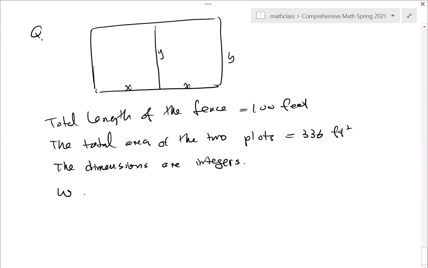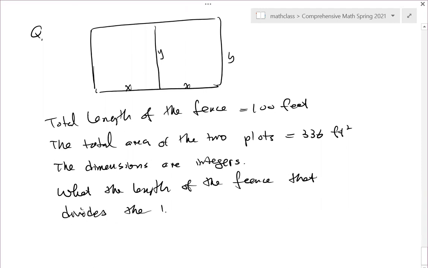That is my question. So basically you have to find X, Y, Z, with X and Y meeting the area requirement.